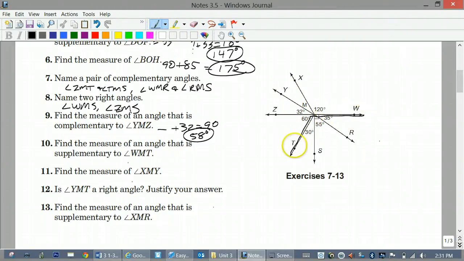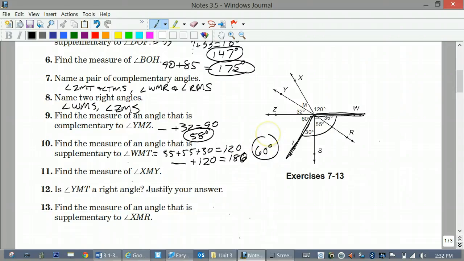That angle right there is 120. WMT is 120. We got that from 35 plus 55 plus 30, which is 120. So what plus 120 is 180? 60.